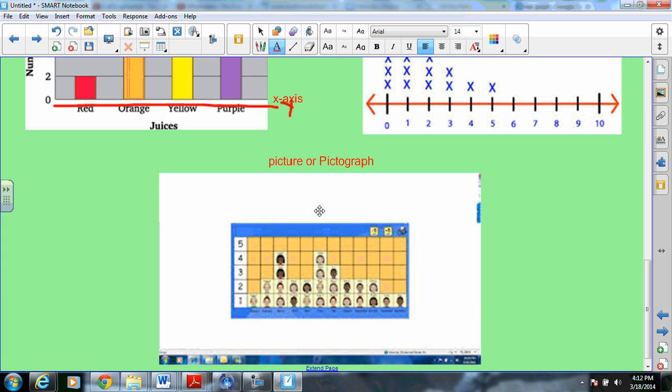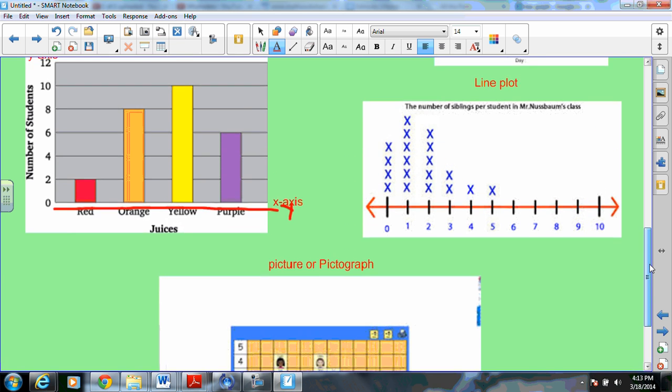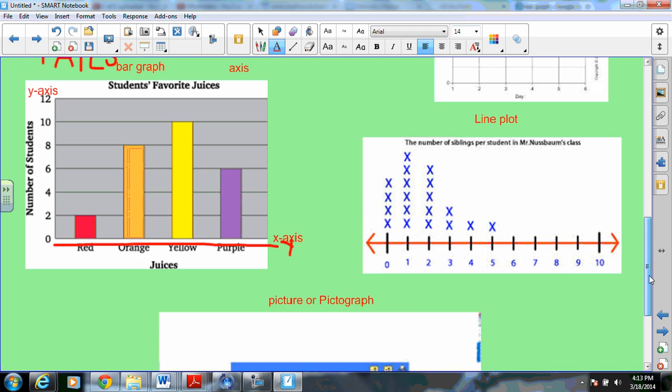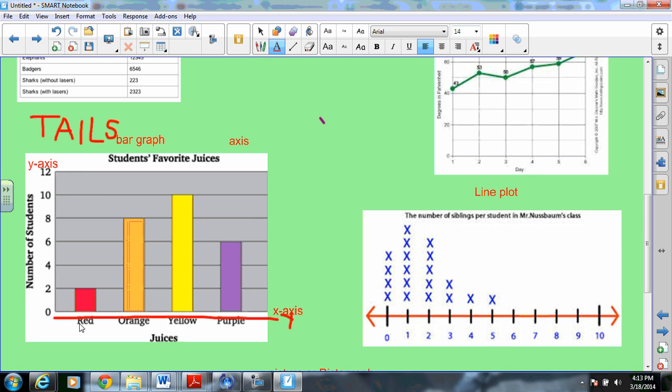In this one, they didn't put a title, but if you look closely, there's one thing I forgot to tell you about. Red, orange, yellow, purple, those are all called categories. And yes, C is not in the word TAILS, so that's something extra that you have to remember. It's okay, it's one more thing, categories.